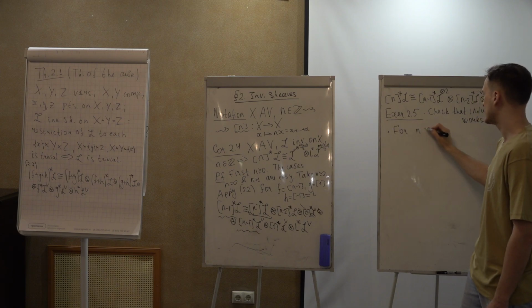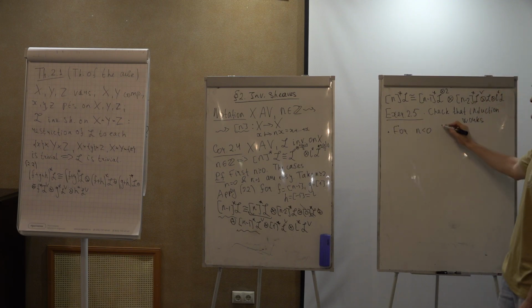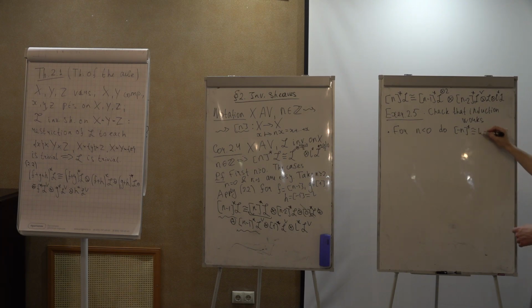And for negative n we do what? We can say that the pullback by minus n is just the composition of iota with n.